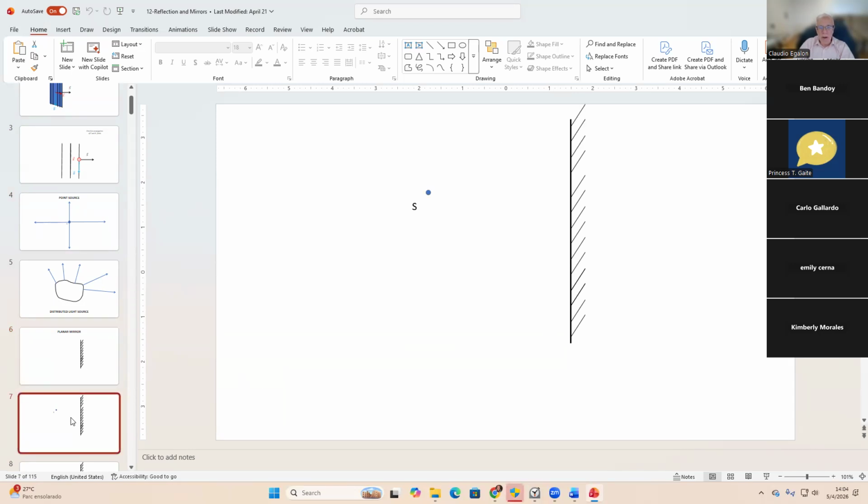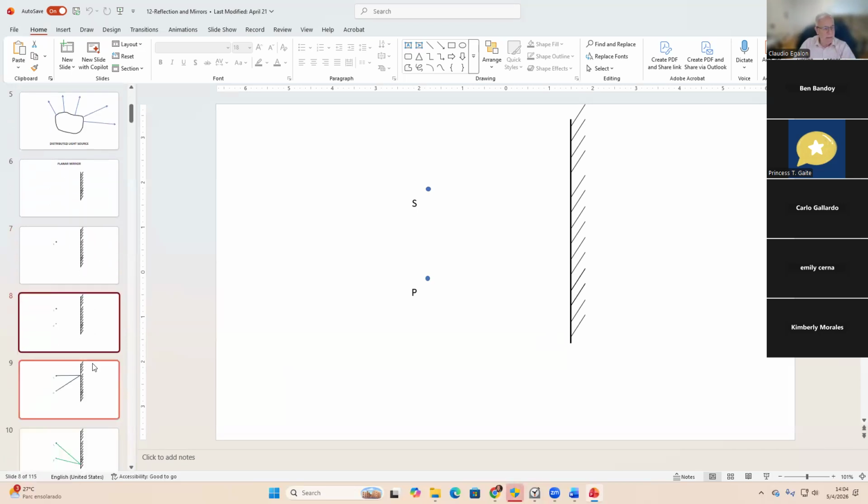Now consider a point source, S, and a point P through which the reflected light is going to pass.